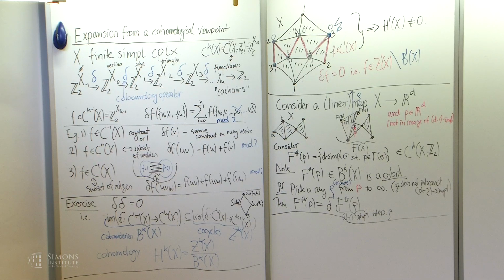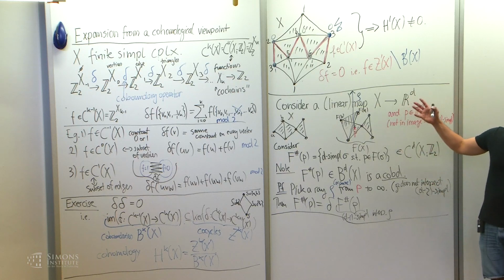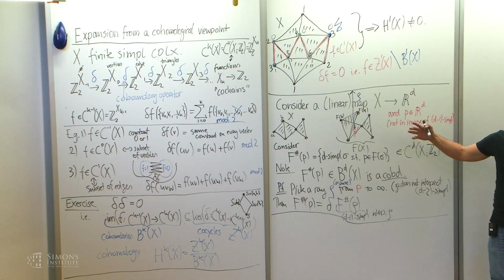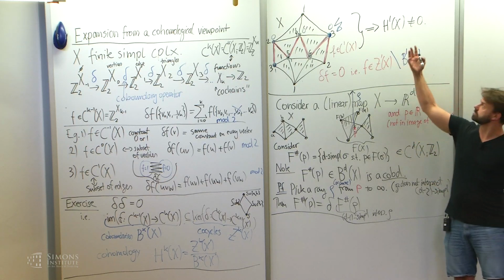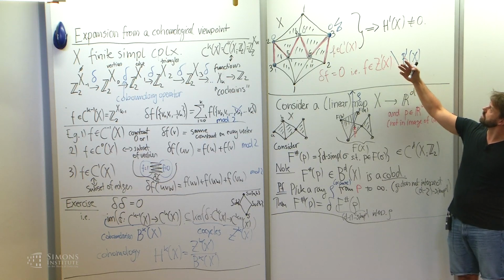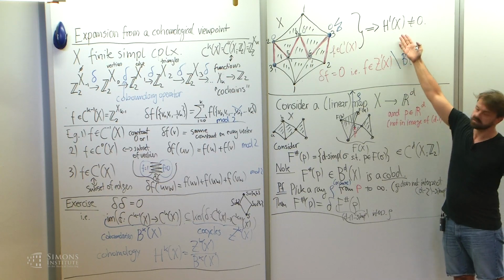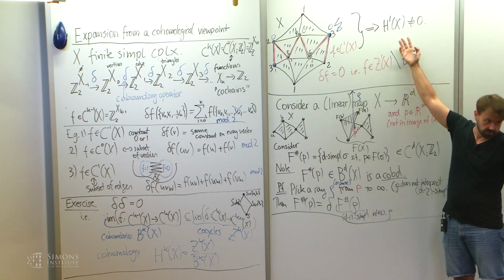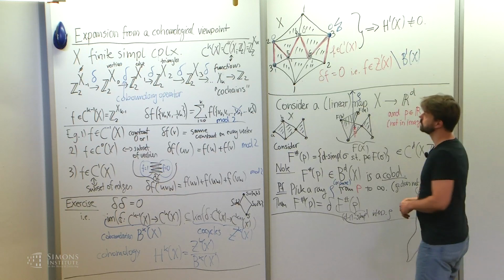Now, that's about cohomology and cochains and co-boundaries and co-cycles. But what does this have to do with expansion? Higher dimensional expansion is a way of quantifying all this, a way of quantifying the fact that, for instance, the cohomology vanishes or doesn't vanish one way or another.